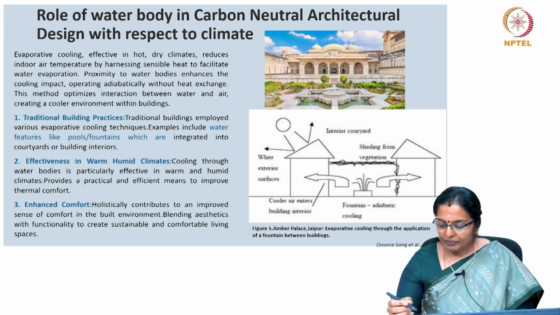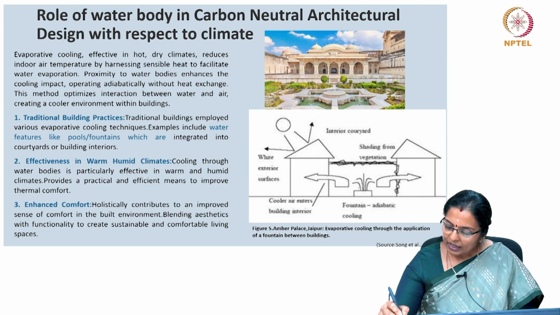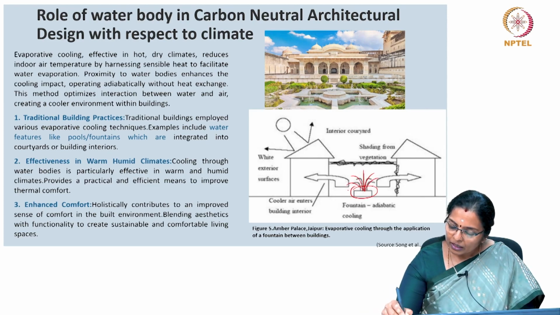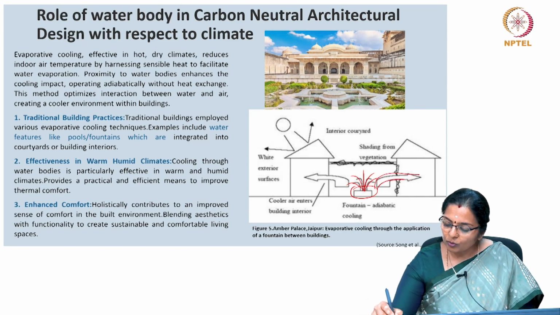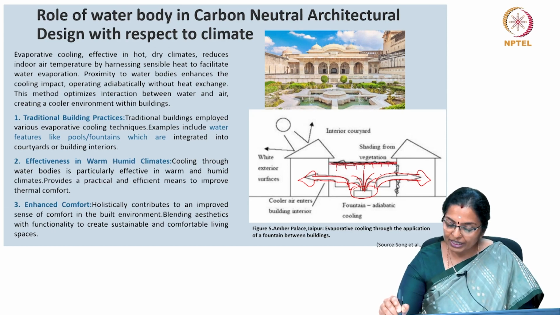If you look at how water bodies were being used, we can look at the Amber Palace in Jaipur, where the water fountain was used to sprinkle water, causing adiabatic cooling to all the structures around it. There has been a trellis which provided shading from the vegetation in the interior courtyard.